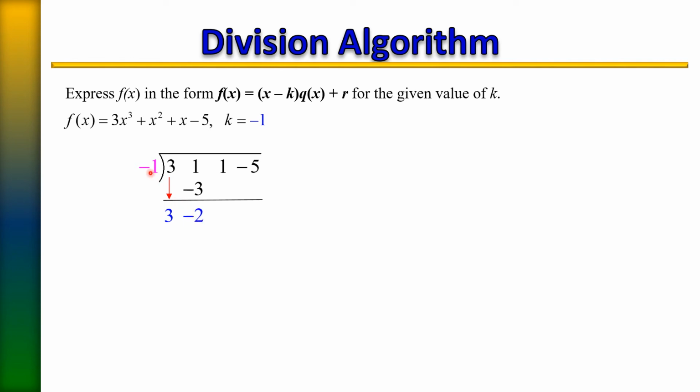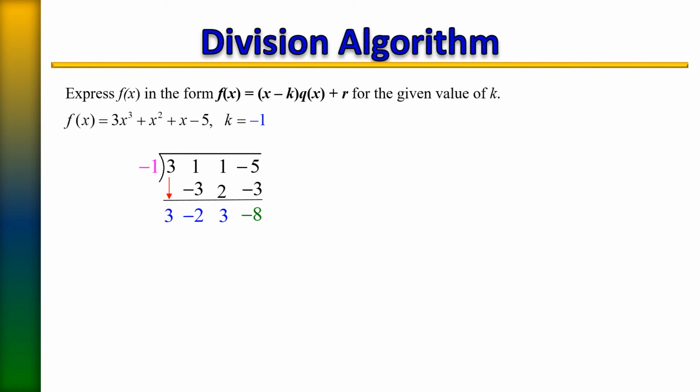Multiply that with -1 to get +2. Combine those together and bring down a 3. Multiply that with -1 to get -3. Bring down a -8. So here we have an answer that has a remainder.